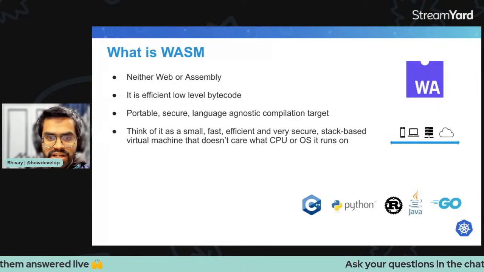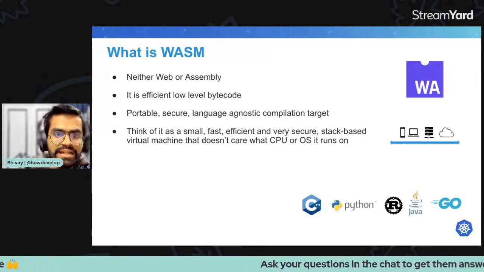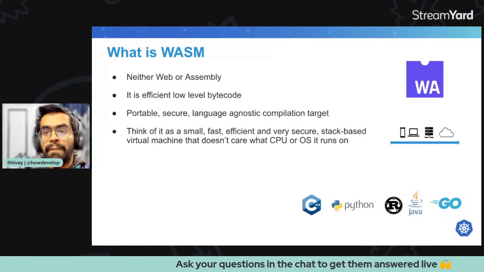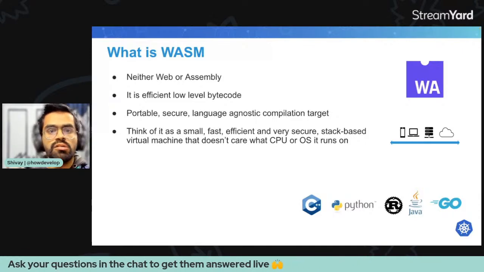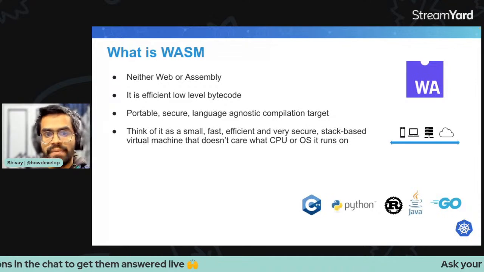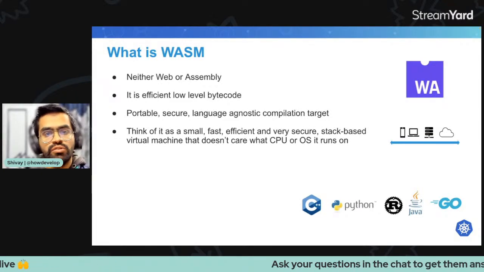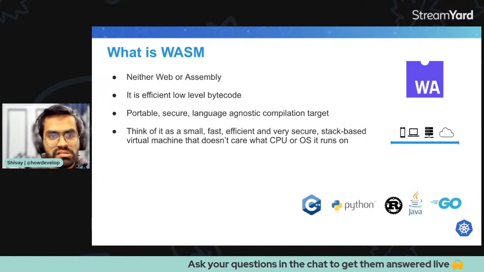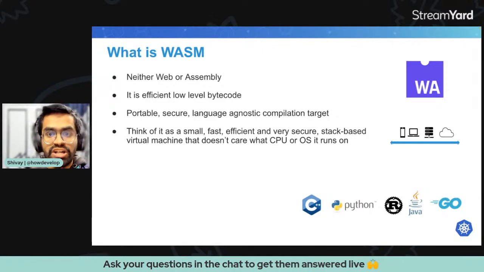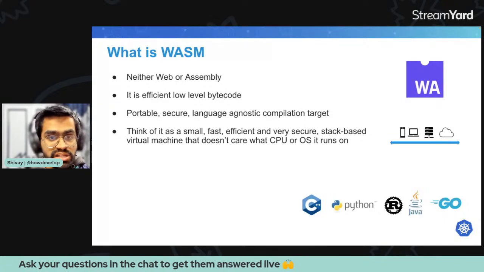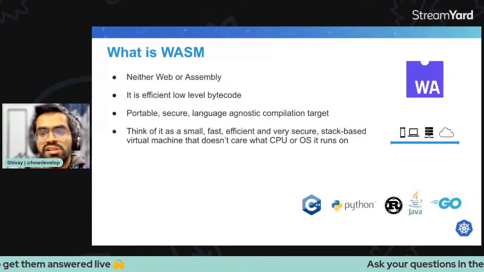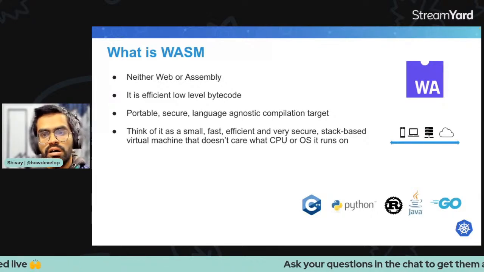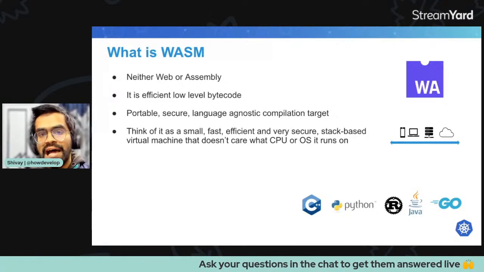So, if I were to describe it in one line, it is essentially a compilation target where you take your functions or modules written in various programming languages, and it is a polyglot environment. That means you can use scripting languages like Python, or functional programming languages like C#, or object oriented programming languages like Java and C++, and then use WebAssembly as a compilation target.